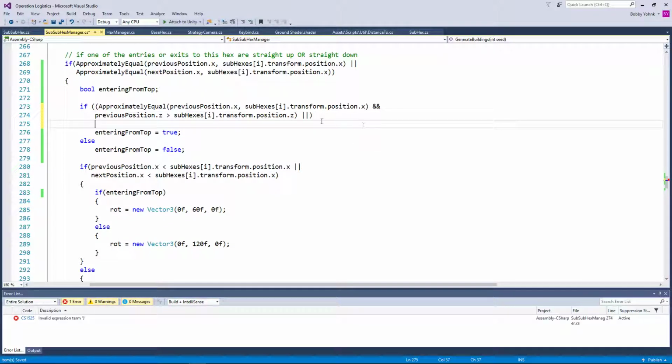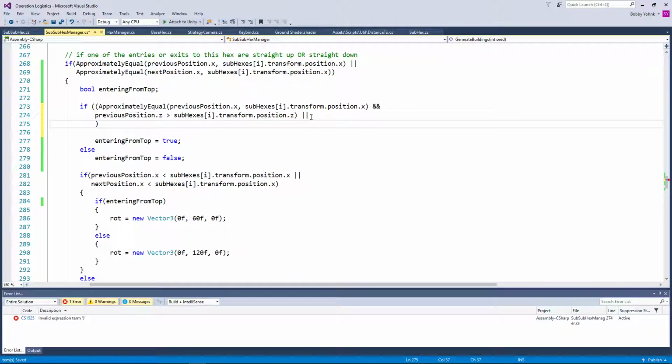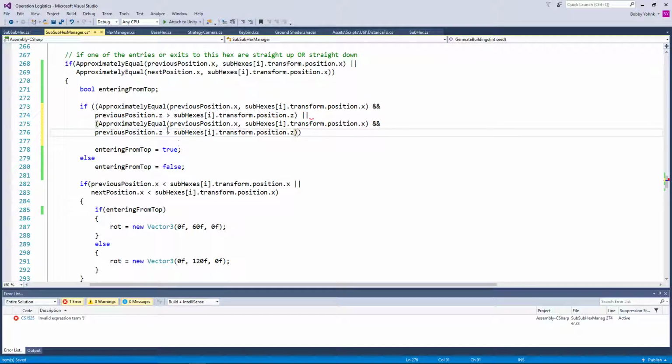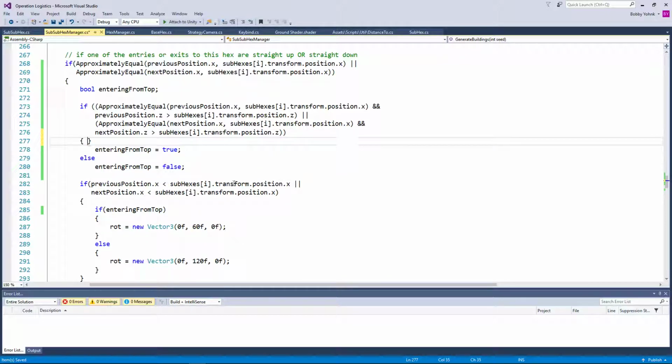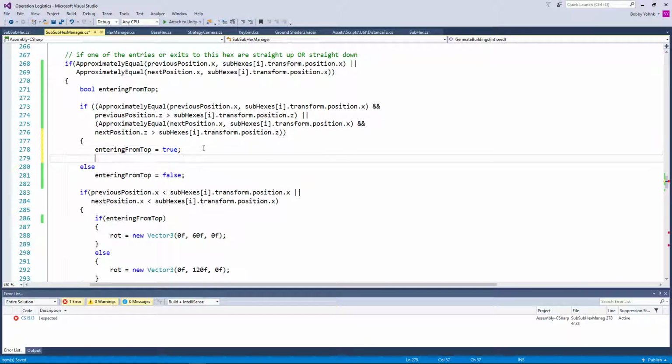So we need an or statement now. And so let's say if the previous position meets this criteria, or if the next position meets this criteria. So I'm going to copy this and just put in next position. Like so. Then we know that we are entering from the top. I'm going to, just for clarity's sake, add some curly braces here. There we go. So now we know that we're entering from the top.